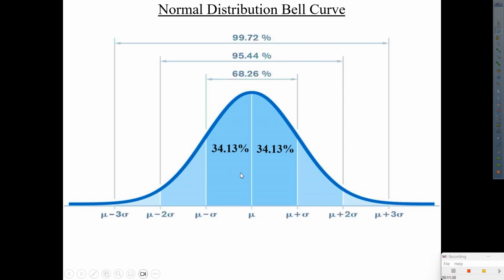So here's the breakdown on the percentages. Write those down, please. So, once again, these percentages are for the area under the curve. Tell your neighbor what I just said, please.